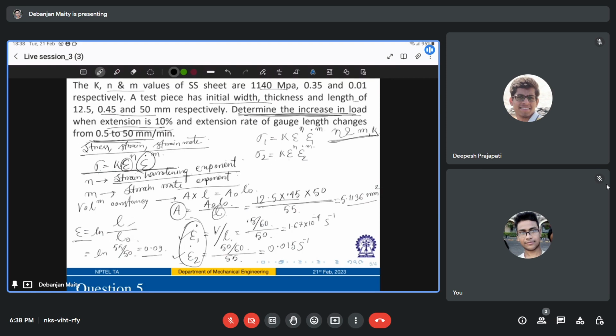Okay, anyhow, you got the concept, right? So you can find out the sigma 1 and sigma 2 value from here.